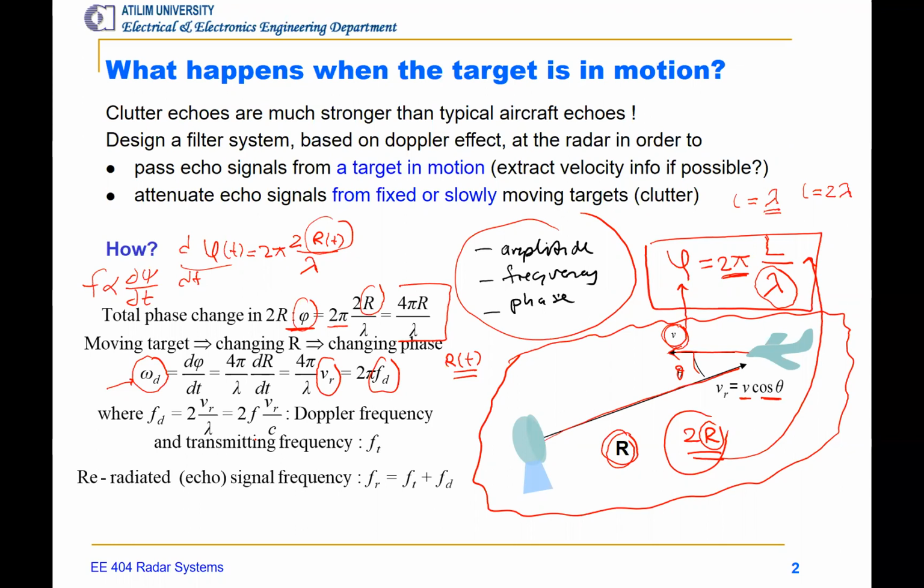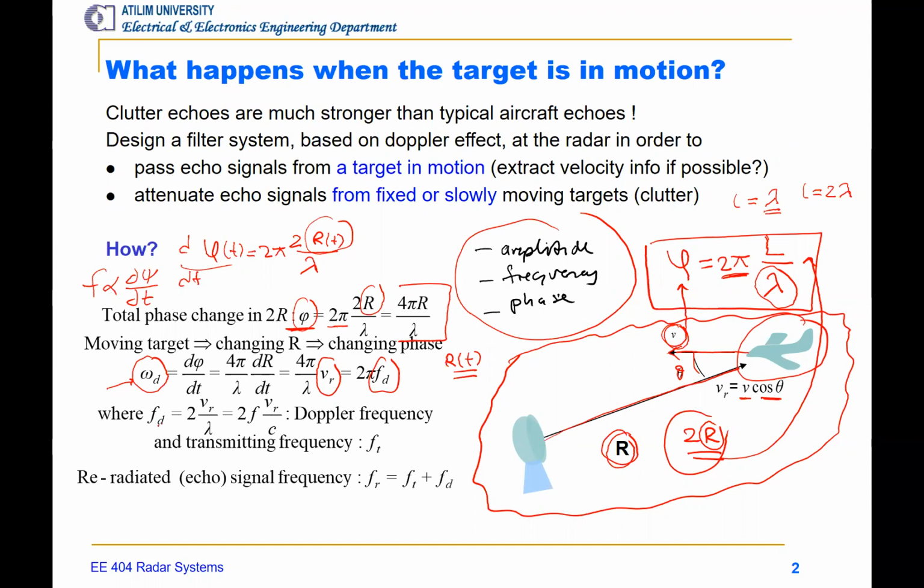So the phase variation will be dependent on the distance variation. Distance variation with the time, as we said earlier, is about the motion of the target. And then we can extract the speed information of the target.